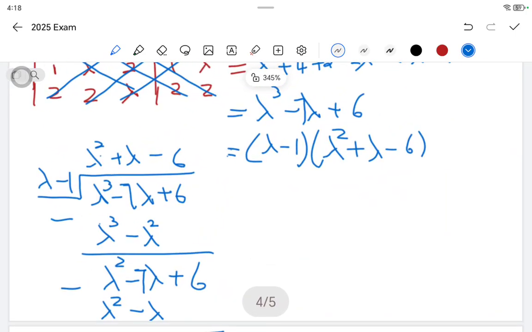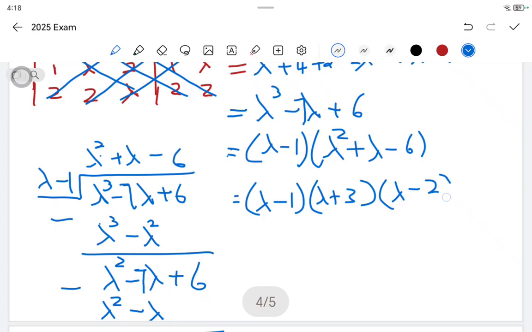Then this one we can factor out. Lambda minus 1, lambda minus 2, lambda plus 3, because if we add these two, we'll get positive 1.